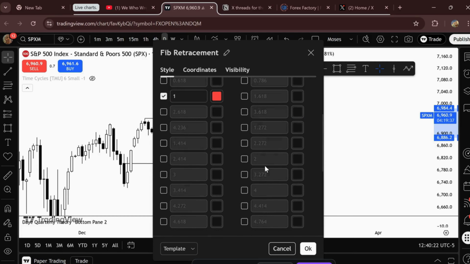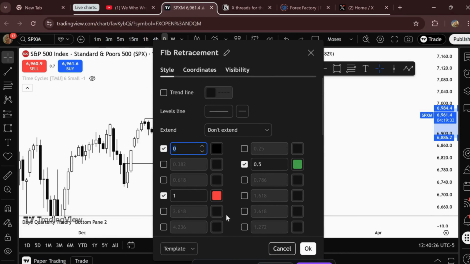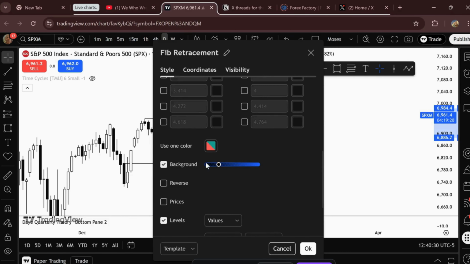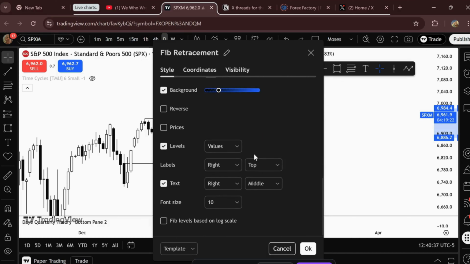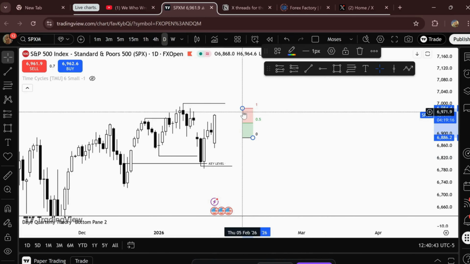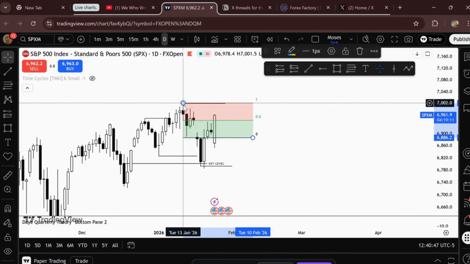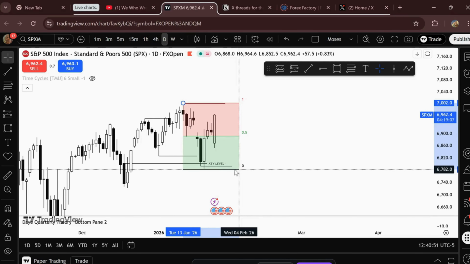You can screenshot this if you want to mark out your premium and discount levels. Then I turn on the background, one for red, this for green. That's basically it. So to find out if we are in a discount or a premium, we want to draw the Fibonacci from this range high to this new range low here.